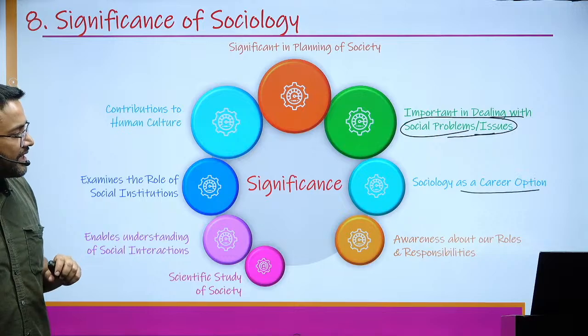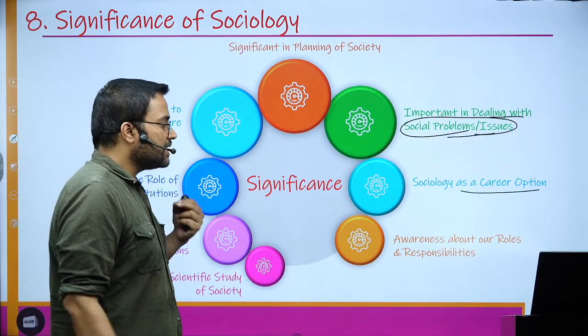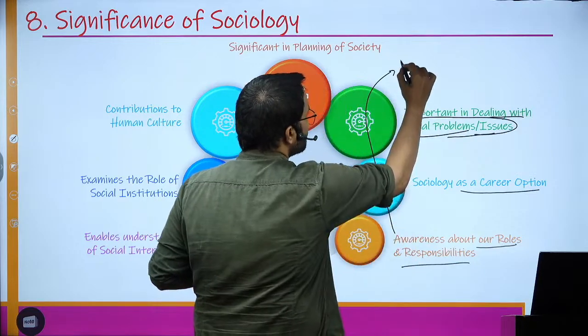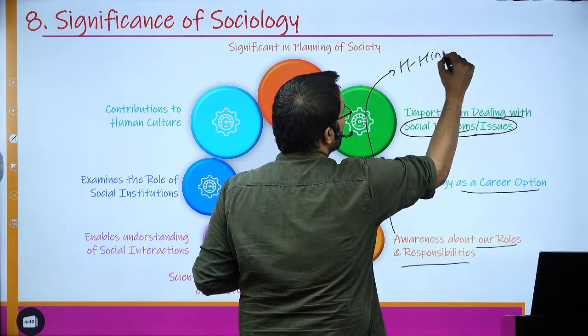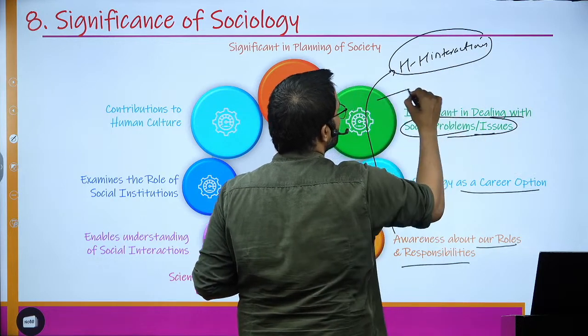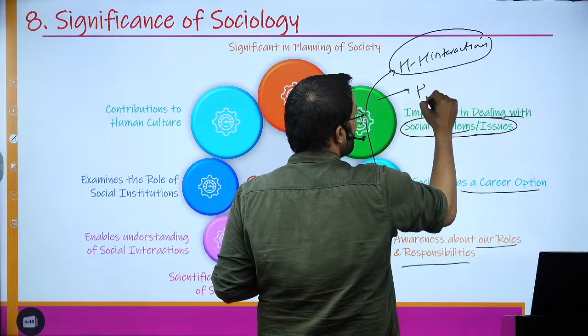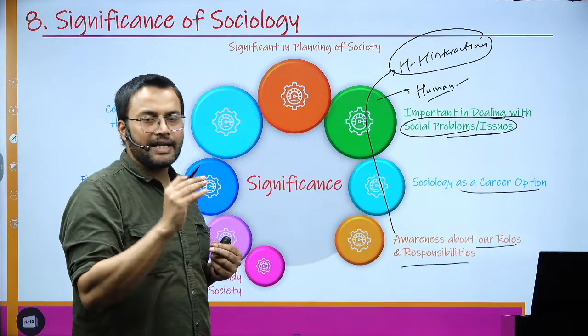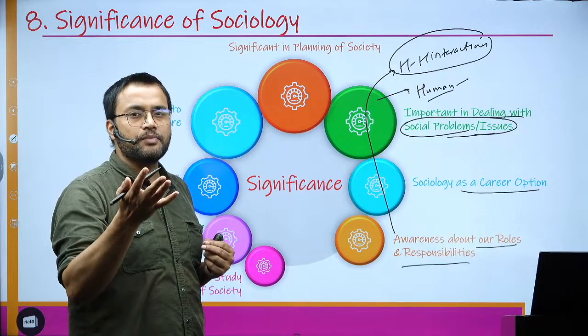Then we have awareness about our roles and responsibilities. See, when we talk about sociology, you talk about human to human interaction. And when you talk about human to human interaction, a human has multiple roles, and as per the role, there are corresponding responsibilities.